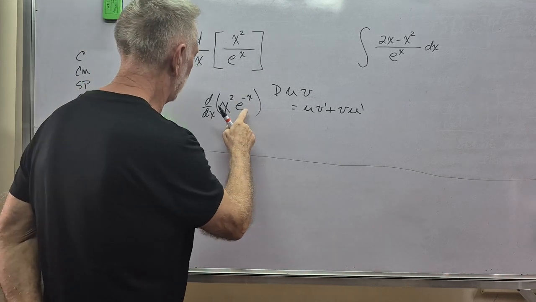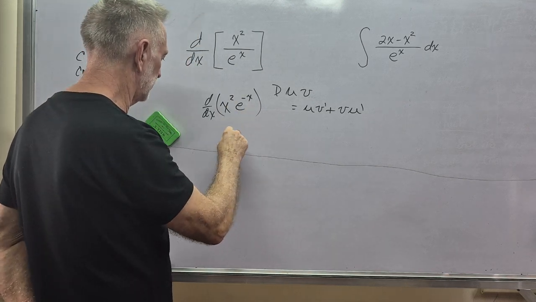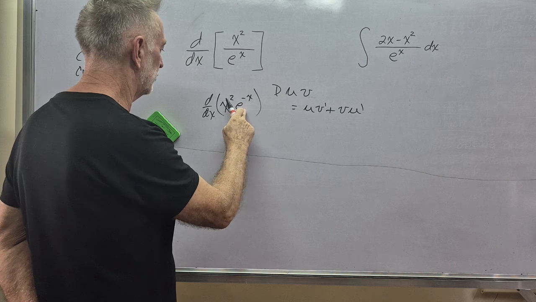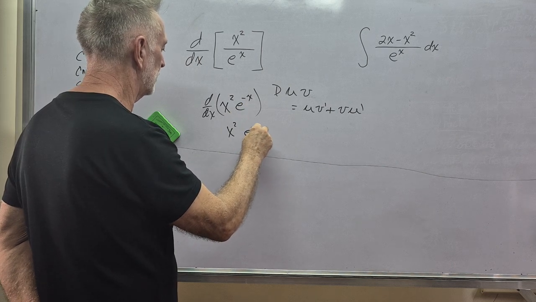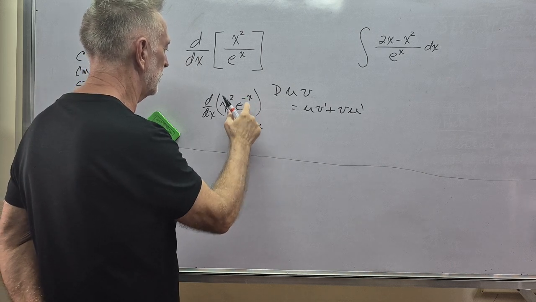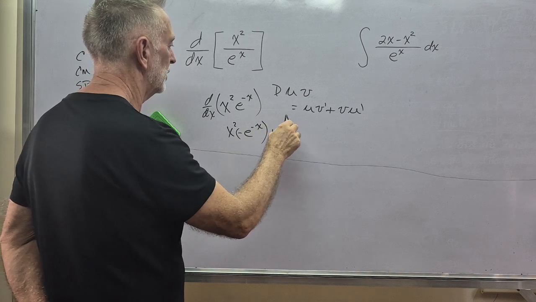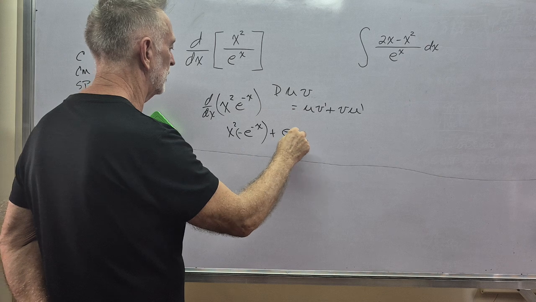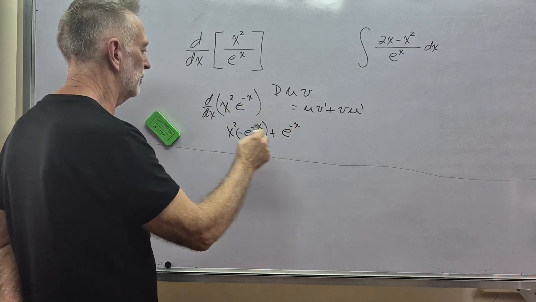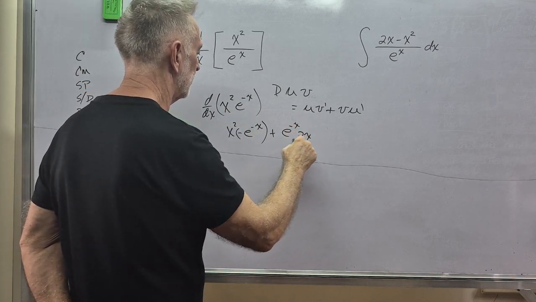So let's see what we have here. We have the first one, x squared, times the derivative of the second one, e to the minus x times the derivative of negative x, which is negative 1, plus the second one, e to the minus x, times the derivative of the first one, which is 2x.